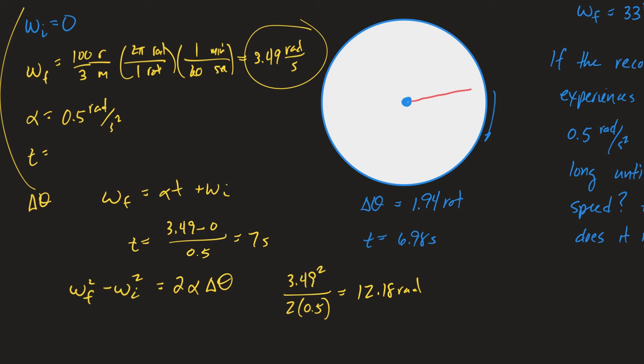I have to add in something like the record has a radius of 7 centimeters. And there's a bug at the edge of the record. How far does the bug travel? That's a distance, but we know the bug is going around in circles. So I want something in meters there.